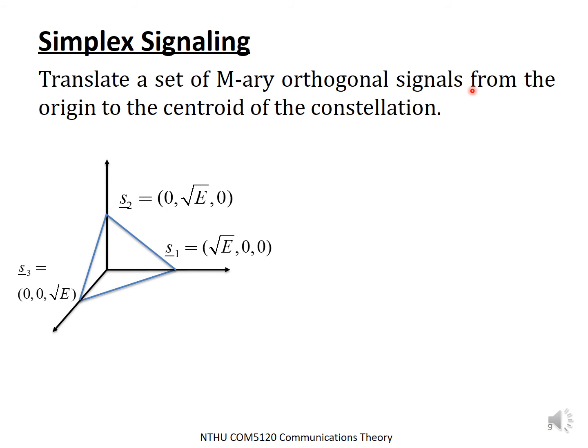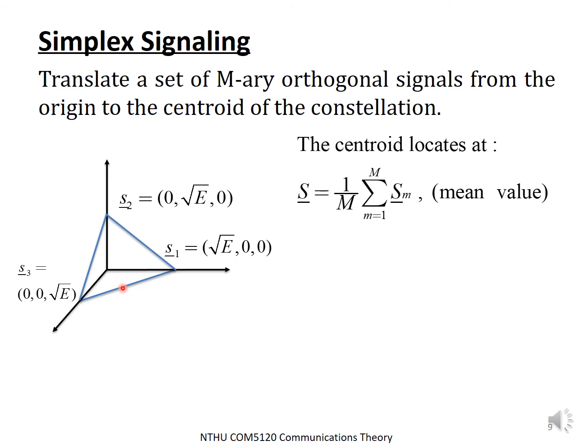Let's see what it does. Say this is the constellation of MRA orthogonal signals, these M different symbols, and the centroid of these M signals is located at the average of all the symbols.